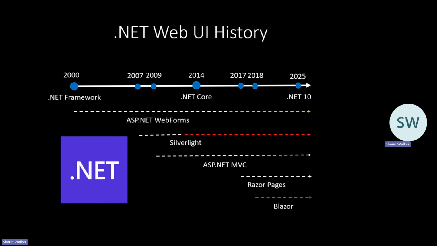And part of .NET Framework was a UI framework called ASP.NET Web Forms. ASP.NET Web Forms was a component-based UI framework, which was very popular and very powerful. And it had a whole ecosystem of third-party vendors that created components for it. It was very powerful technology for building websites and for building web applications.